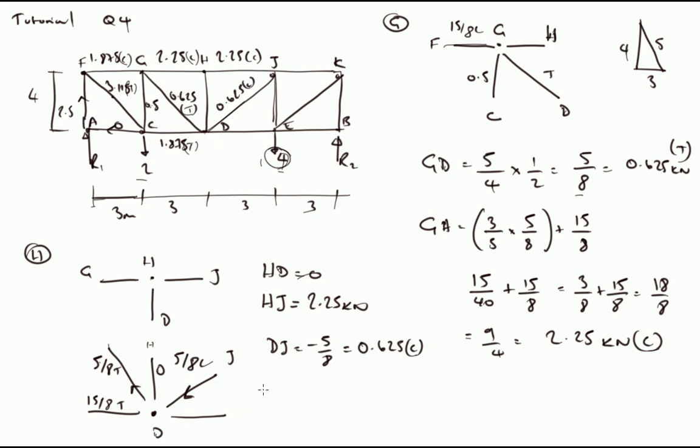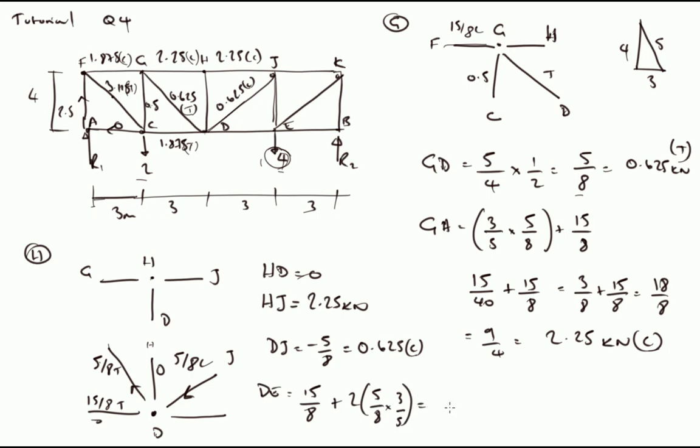And that results in DE then being our 15/8, which is this value here in tension, plus 2 lots of 5/8 in the ratio of 3 to 5.